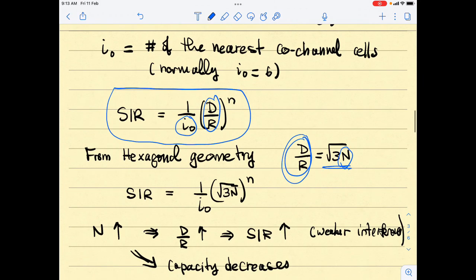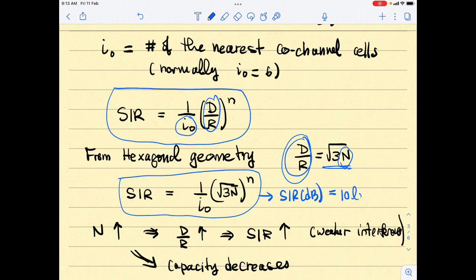So with this we have the formula. We can determine SIR, or signal to interference power ratio, as this. Normally when we express SIR or SNR, we do it in terms of dB. So if we convert this into dB, we simply take 10 multiplied by log base 10 of SIR, and then we can express this in dB.